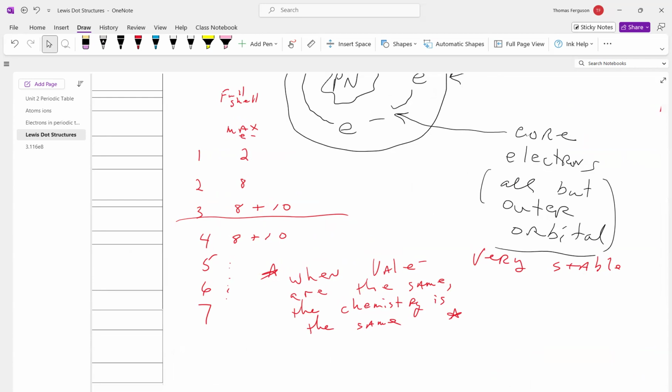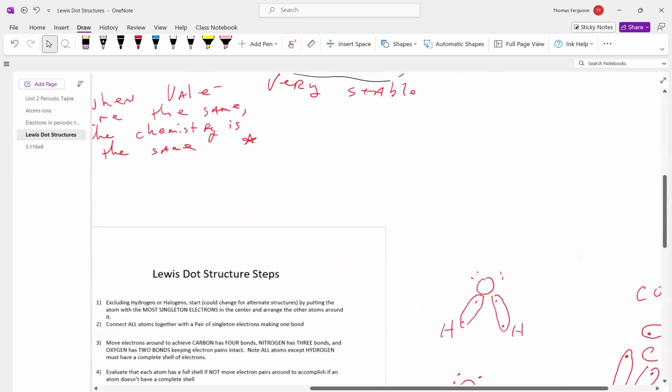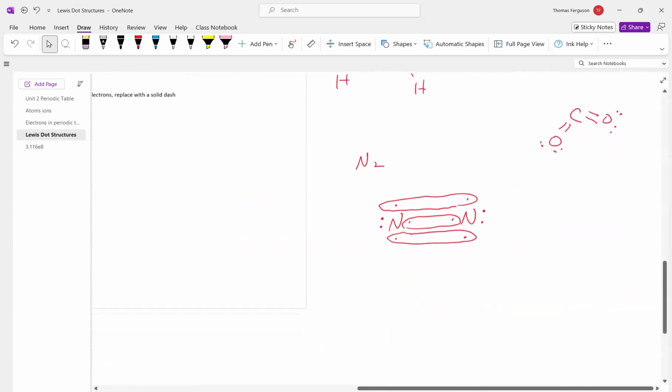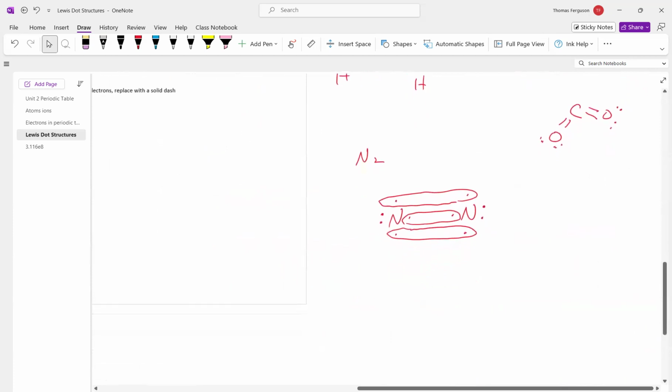Shell 3, we can hold 18. And once we get it full, it's very stable because it acts like a noble gas. Noble gas is very stable. Why are they so stable? Because they have full shells. Full shell. Okay, so that's an example of a triple bond.